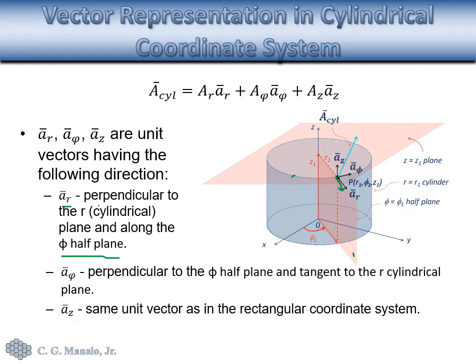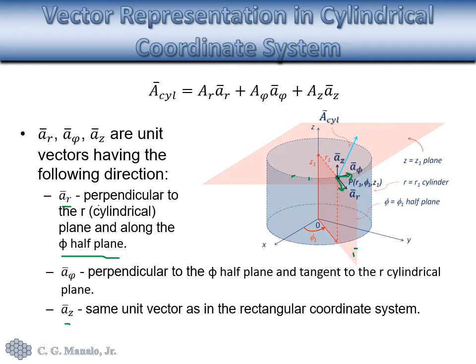A sub phi is perpendicular to the phi half plane. So this unit vector is perpendicular to this plane and also tangent to the cylinder. And lastly, the a sub z unit vector is actually the same unit vector as in the Cartesian coordinate system.